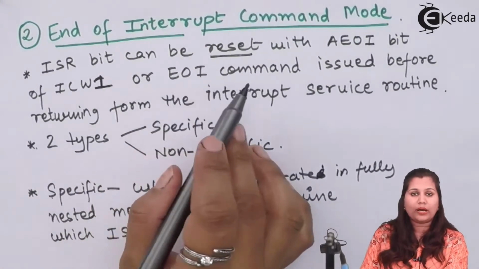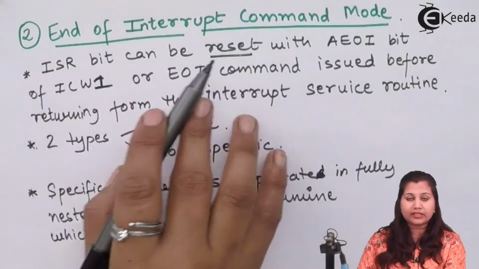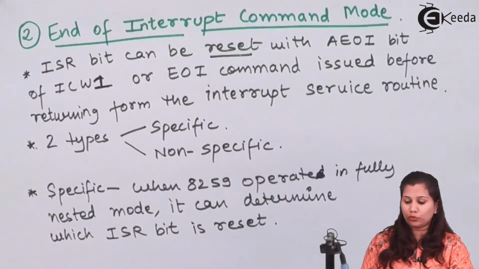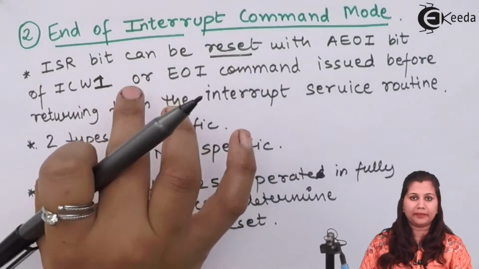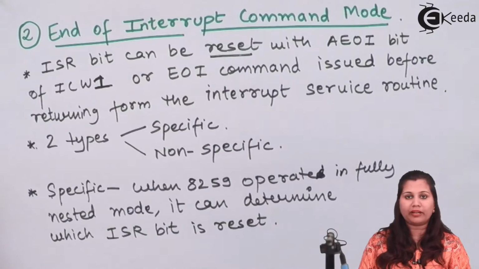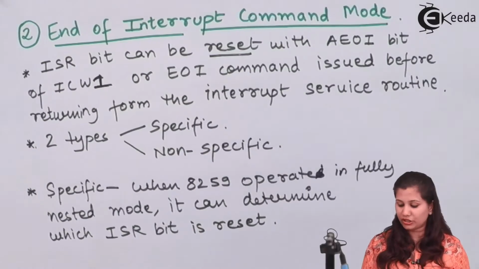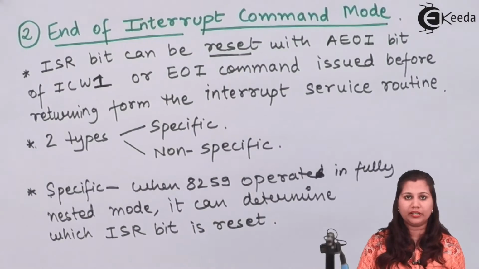Now this EOI command is used to reset the ISR bit. So our main motto in this mode is to reset the ISR bit. When the 8259 operates in the fully nested mode, it can determine which ISR bit it has to reset.